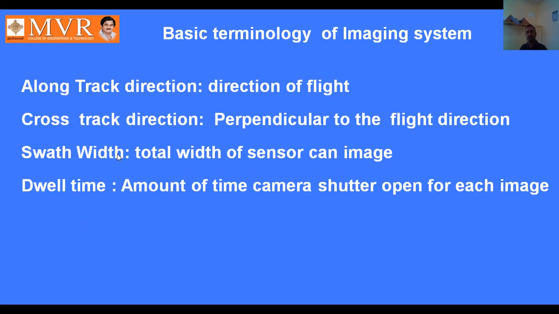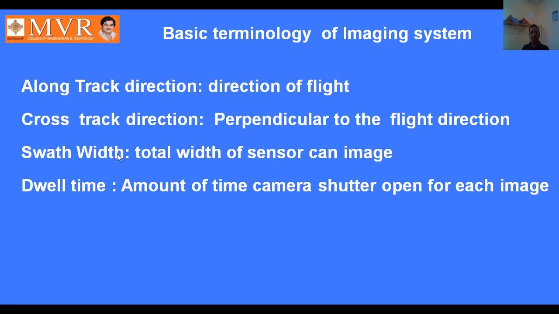Next, the basic terminology of imaging systems. Today we will discuss what is the along track direction, what is the across track direction, swath width, and dwell time. These are also most important for understanding further classes.